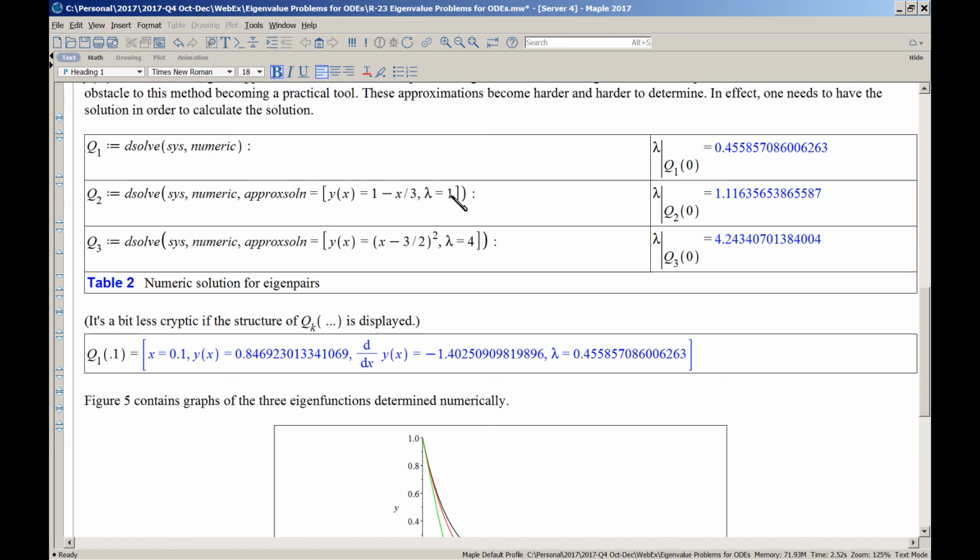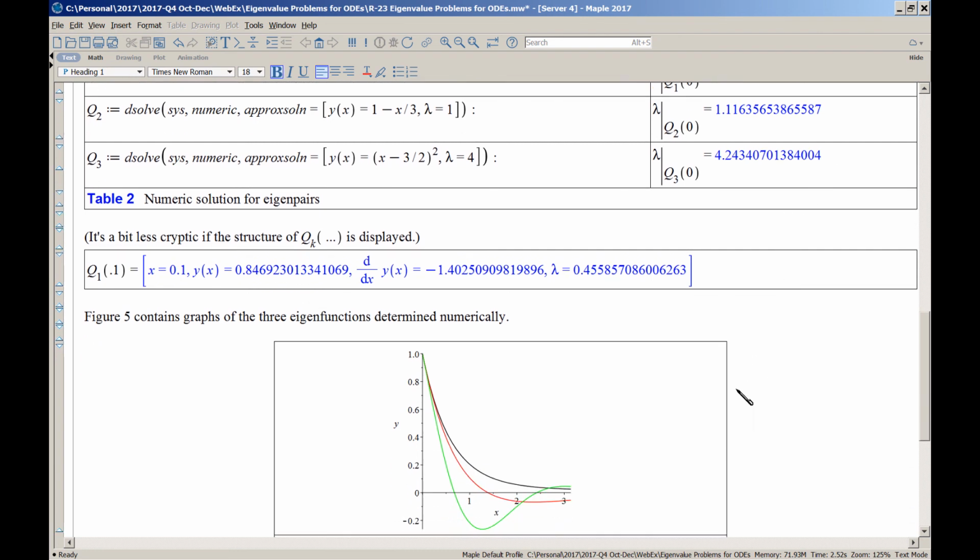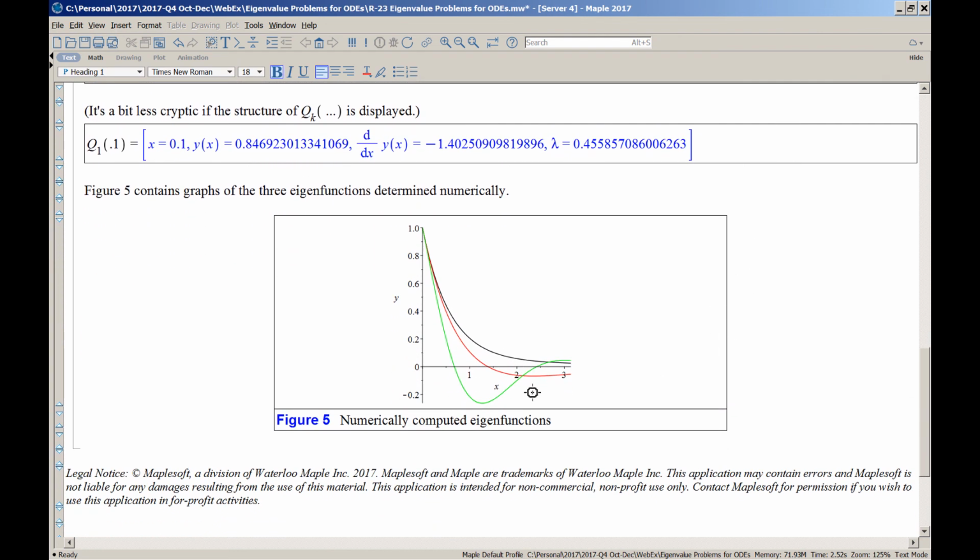So you're going to have lambda somewhere near 1, and you do the same kind of a stunt, and you get the second eigenvalue. You want to get the third one, you've got to give Maple a very good hint about what that third eigenfunction looks like, and you compute an eigenvalue near lambda equals 4, and you get the next eigenvalue. And if I graph those 3 that I've just computed numerically, I see that they behave the way they're supposed to behave.